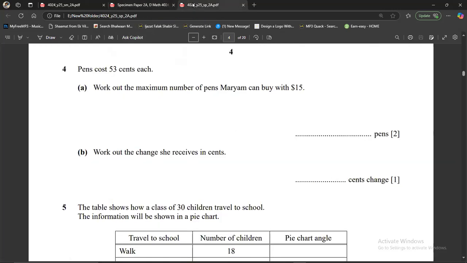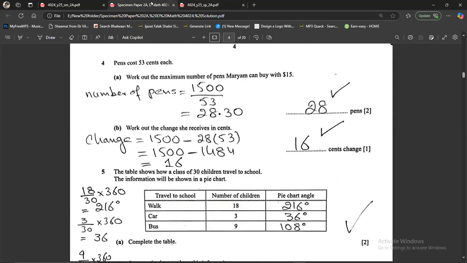Question number 4, B part. They say work out the change she receives in cents. She can buy 28 pens, each pen is 53 cents. She has given the shopkeeper 1,500 cents minus 28 multiplied by 53. When you multiply 28 with 53, you get 1,484.